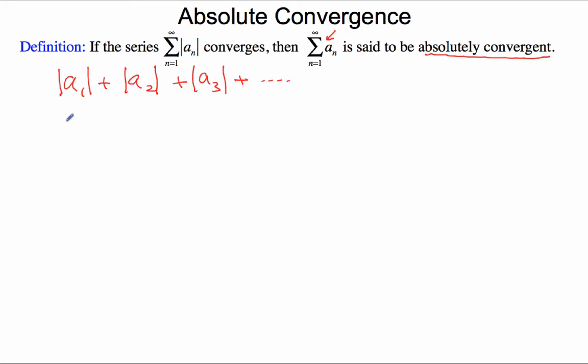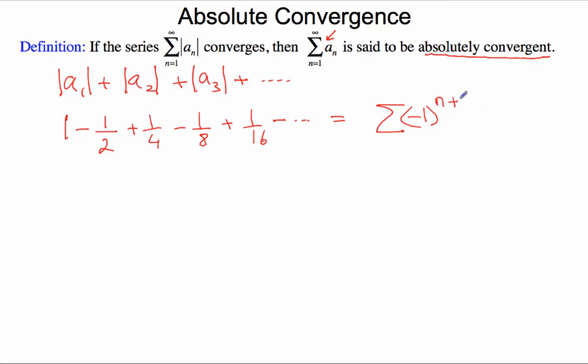Here is an example of an absolutely convergent series. 1 minus 1 over 2 plus 1 over 4 minus 1 over 8 plus 1 over 16th minus etc., which you could write as minus 1 to the n plus 1 into 1 over n squared.